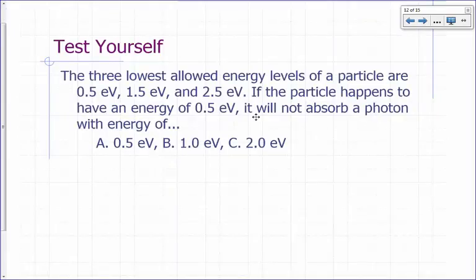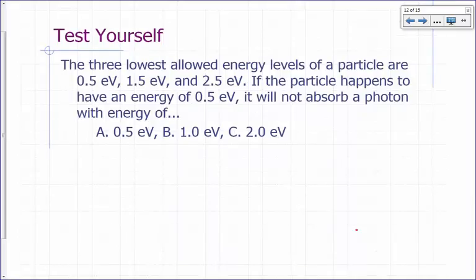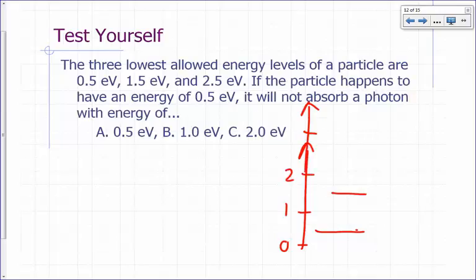And then this one, what's the answer to this one? This is an easy one. The 3 lowest allowed levels are 0.5, 1.5, and 2.5. So 0.5, so that's 1, 1.5 is allowed, and 2.5 is allowed. The 3 lowest levels allowed.